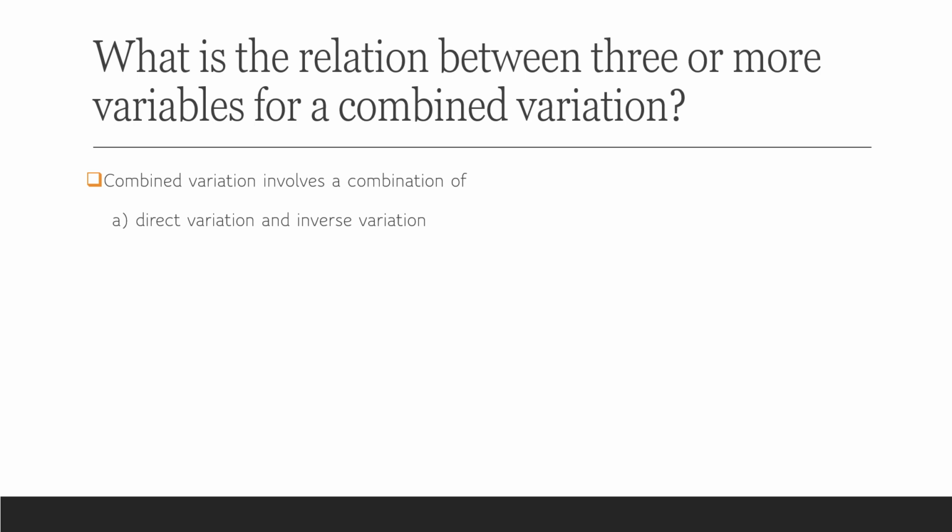So previously you learned the direct variations. Y varies directly as S, and Y varies inversely as Z. So the combination of these two will give you this one. Another combination is joint variation and inverse variation.